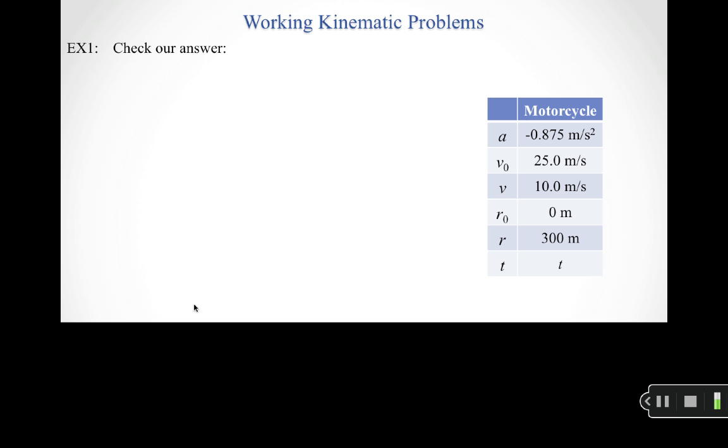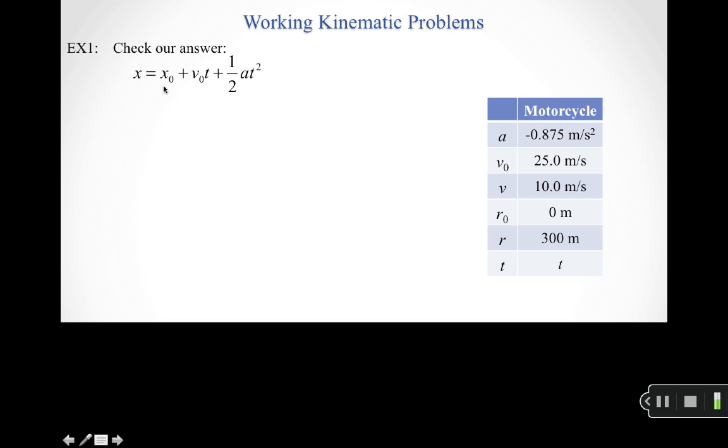So the last way I can check my answer is by taking my time and my acceleration and plugging them into the other equation that I didn't use. Notice I used our constant acceleration equation without time, and we used our constant acceleration equation with time for velocity. My third equation is the constant acceleration equation with time for position.